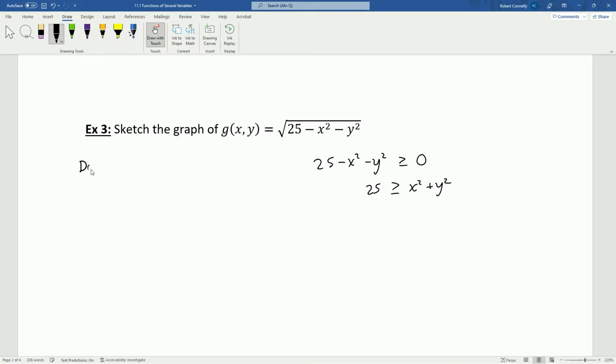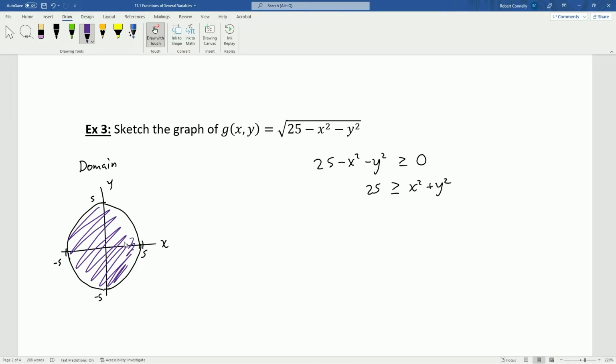So if we just look at the domain, so in 2 dimensions, okay, so we're looking at this domain, but now we want to look at what's happening to the function in 3 dimensions over this domain.